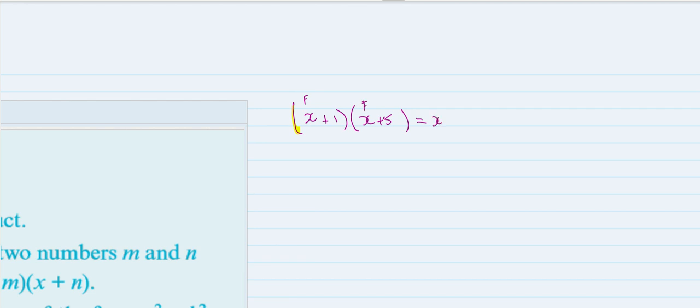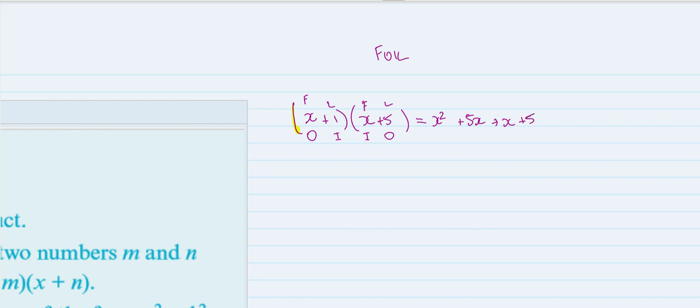So x times x is x squared, and then the next one is O for outer, so we're going to go plus 5x. Then we'll do our inner. So that's plus 1x, or just x. And then let's do our last terms. And 1 times 5 is 5.